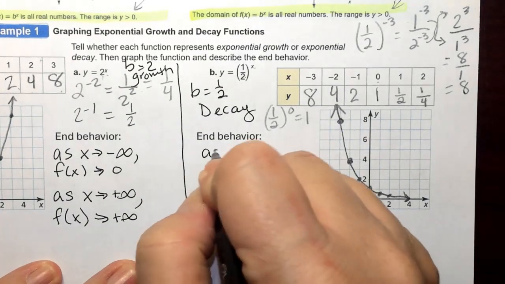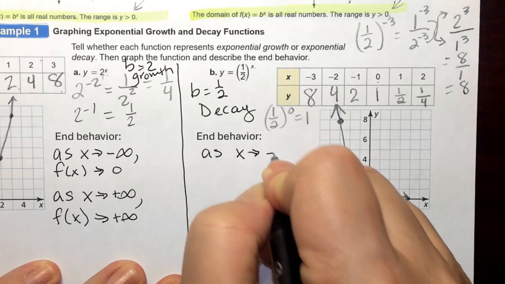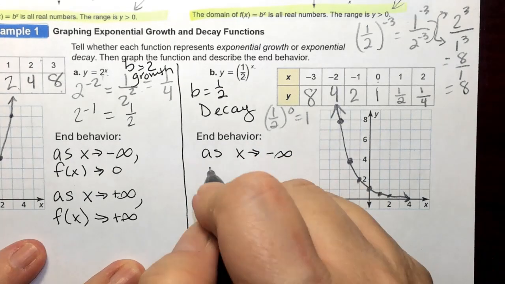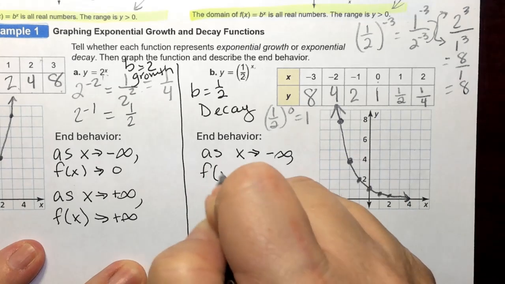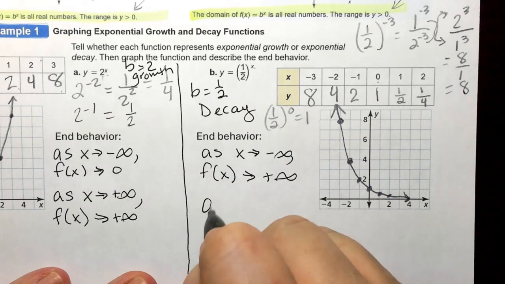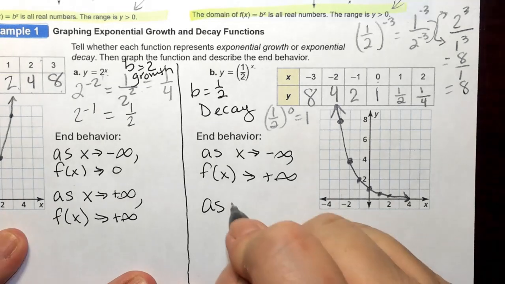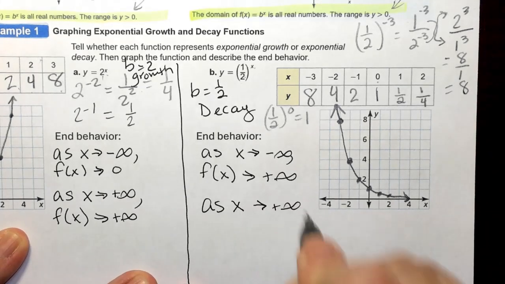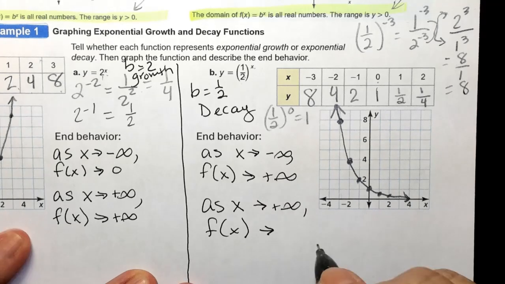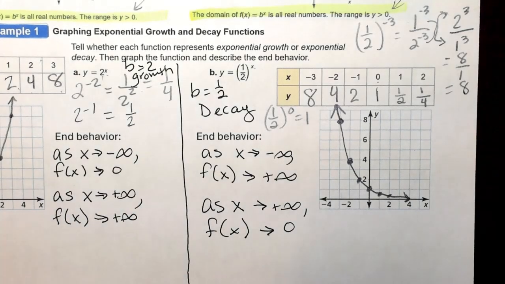As x approaches negative infinity, so this way, x is going to negative infinity, y or f of x is approaching positive infinity. Then as x approaches positive infinity, f of x or y is approaching 0 because it has an asymptote.